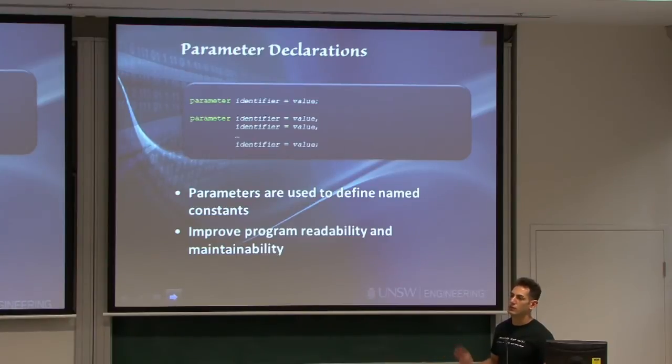Instead of searching for this value throughout the whole program, you use a parameter, a constant, you change it once at the top of your program, and everything else in the program changes, exactly like C. In our context, and this will be in the example I'll show you in the next slide, we will use parameters to give state names, nice English names rather than binary codings, 001, 101, 000, and so on.